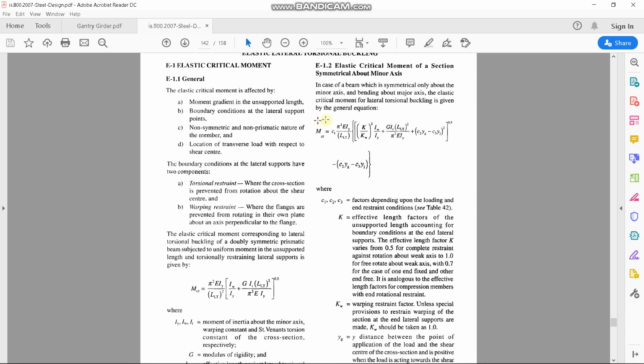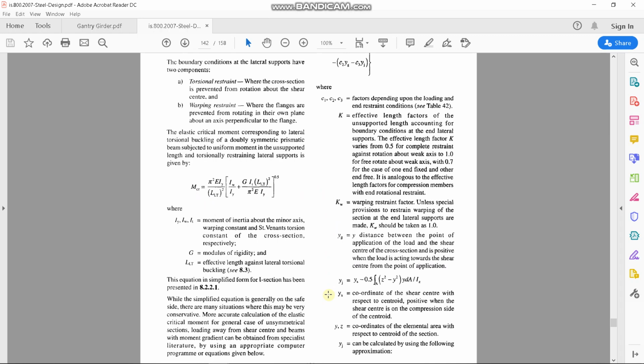If you see this section, elastic critical moment of a section symmetrical about minor axis. In our case, the section is not symmetrical about the major axis. However, it is symmetrical about the minor axis. So in this case, there are certain constants that are given, C1, C2. We are going to apply this formula.